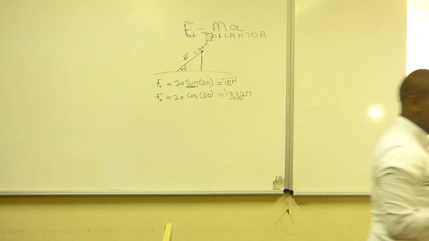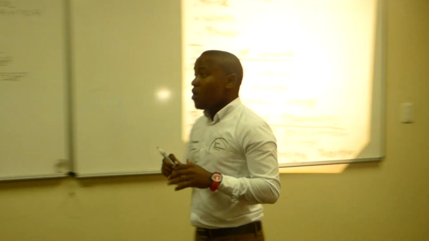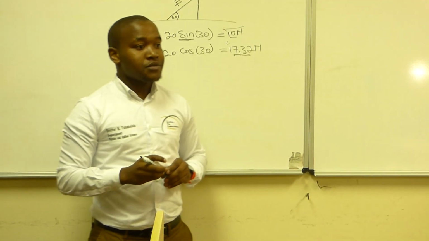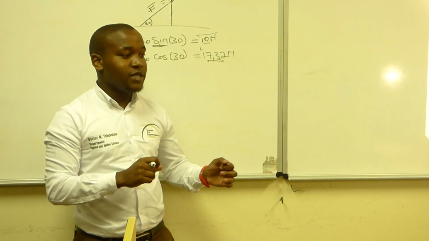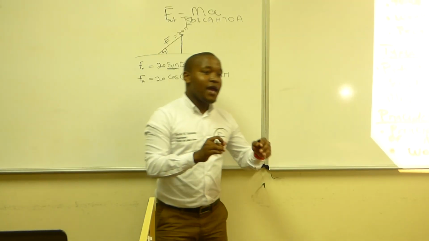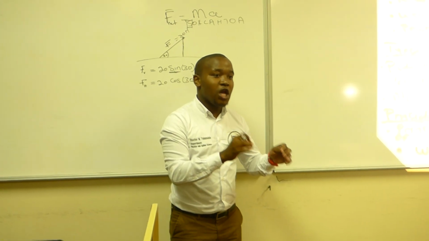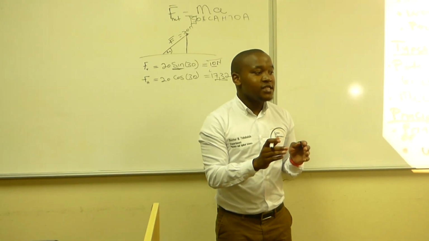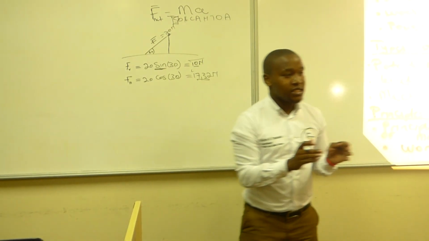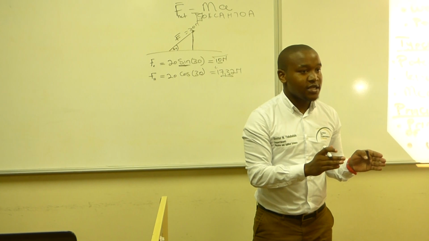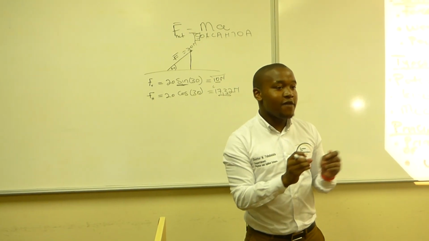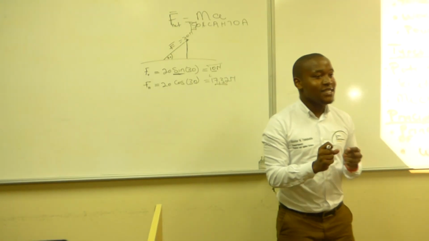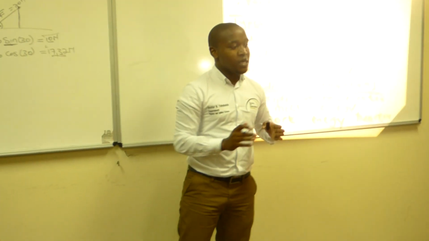Now, let's move to work. We say work is done to an object. Work is done to an object if I apply a force on that particular object and I cause that object to move a certain displacement.